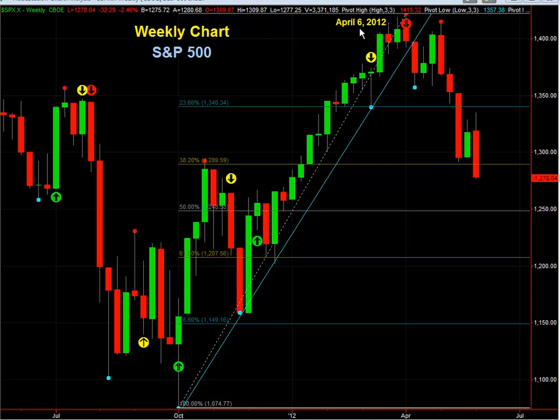Our cycle model put the market in a long-term downtrend on April the 6th, 2012, right on this arrow here. If you'd had access to the cycle model, you would have seen this setup. The model would have laid it out for you, that you would have been out of the market right here, neutral, and the cycle model turned down on April the 6th, 2012.